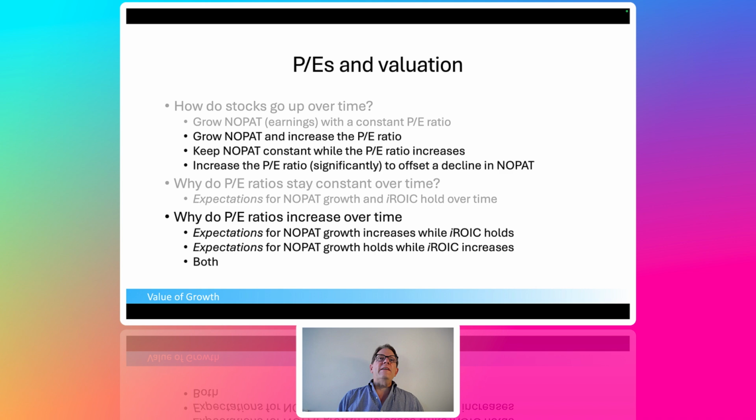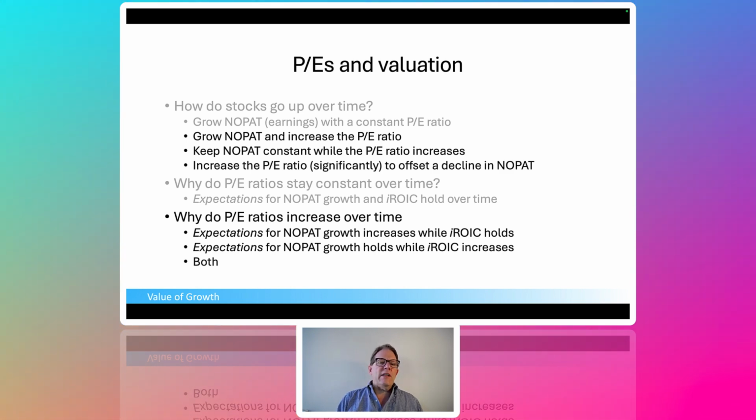So all three of these are an expansion of the PE. The first one was a constant PE. The next three are expansion of PE. So then that begs the question, why do PE ratios increase over time? Well, it mirrors that. It's really three possibilities. It's two and a combination of the two, but three.